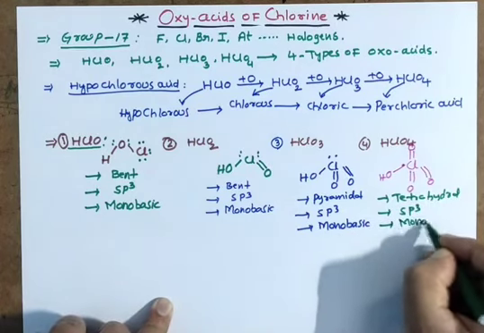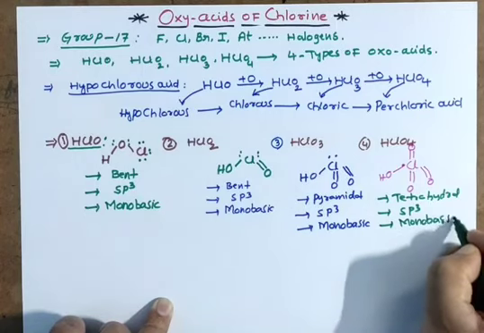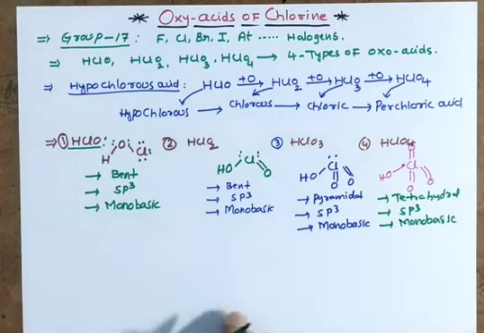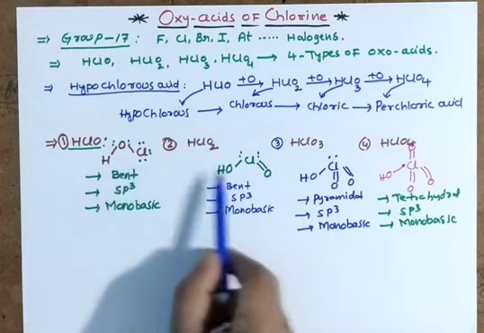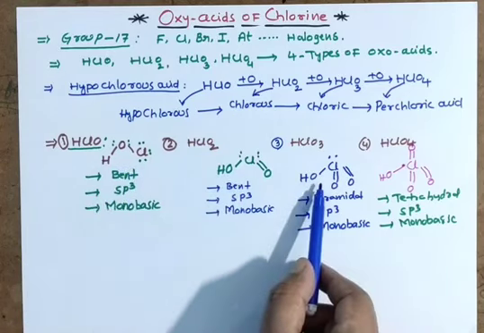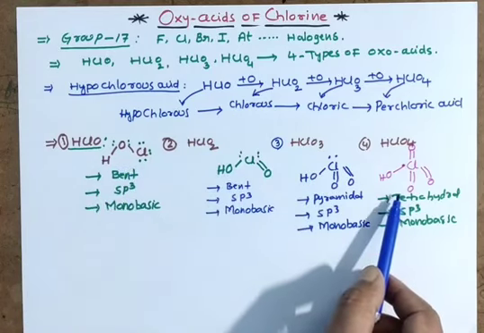That's why monobasic. So all are sp3 hybridized and monobasic. This is bent shape, this is also bent shape, this is pyramidal, and this is tetrahedral.